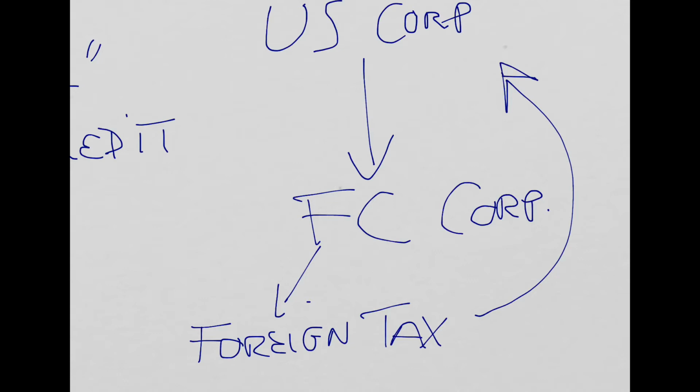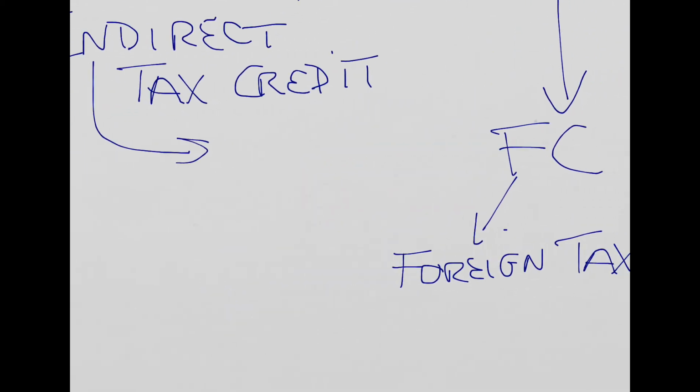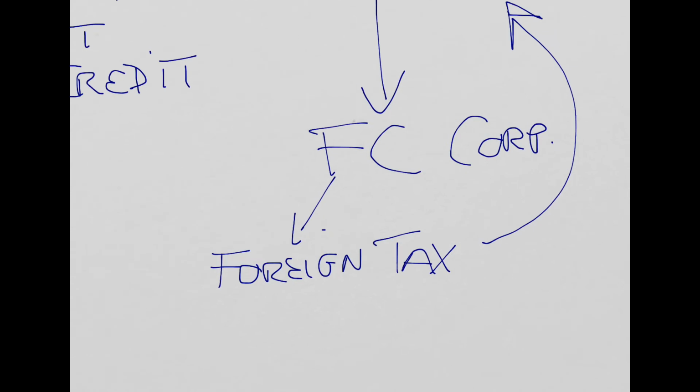The reason why this is called an indirect tax is because it could be, and very often it will be, that at the time that the dividend is paid, it may be in a country with a low tax rate to begin with on dividends paid out of its country.